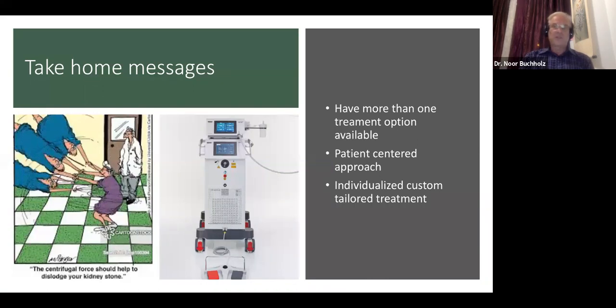That means you should have a selection of fibers and a selection of settings, but you should also have, for example, a lithoclast on the side or an ultrasound probe, or you do what is shown here on the left side, you centrifuge the stone out. At the end of the day, the treatment should be patient-centered and custom-tailored for each stone and each patient.